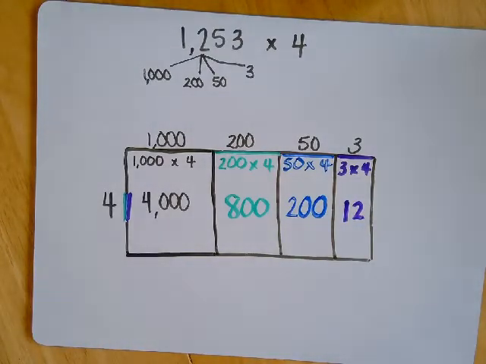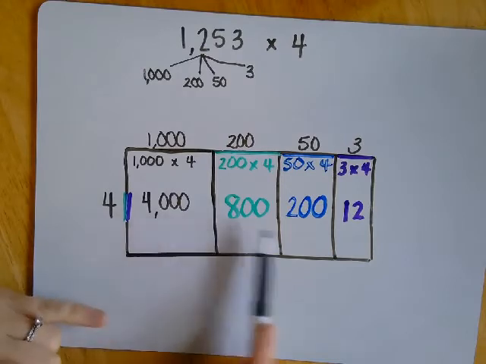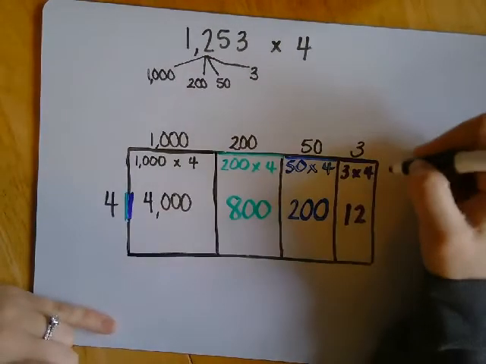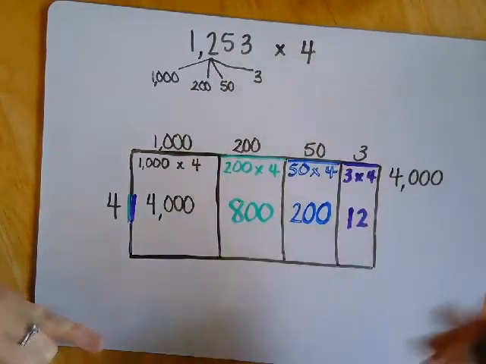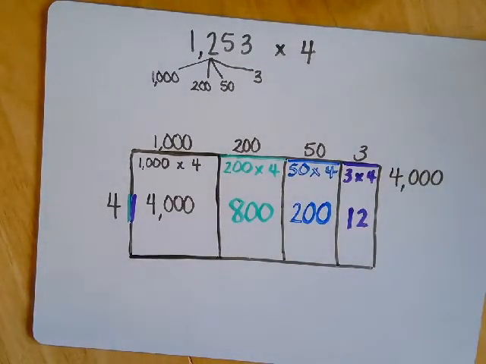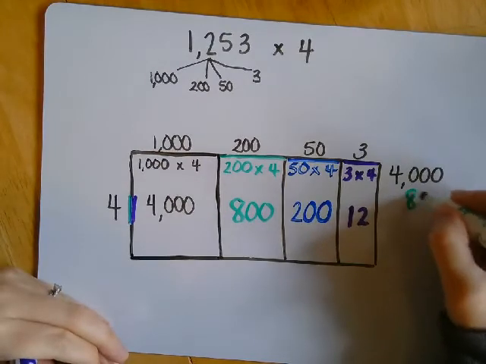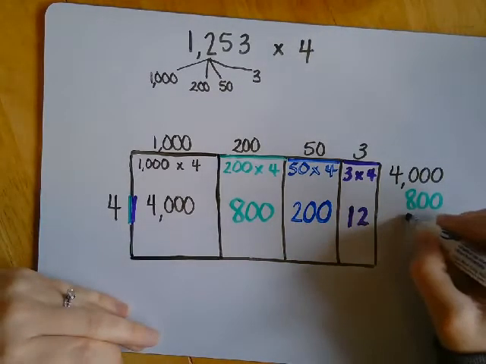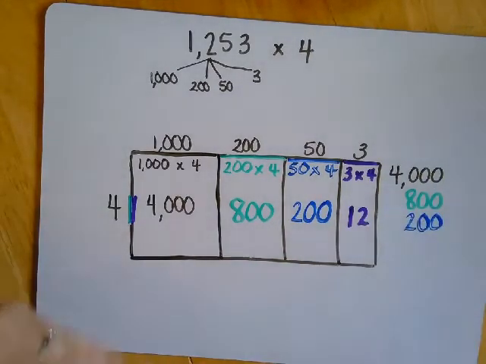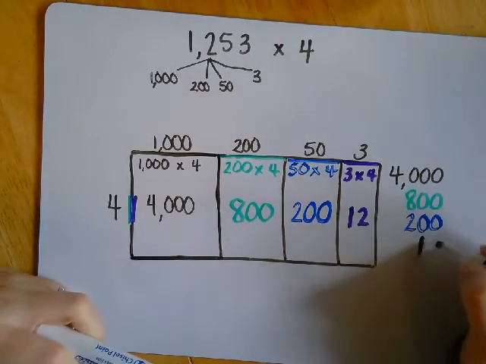So all I need to do is add up each of these areas to get my answer. 4,000 plus 800 plus 200 plus 12.